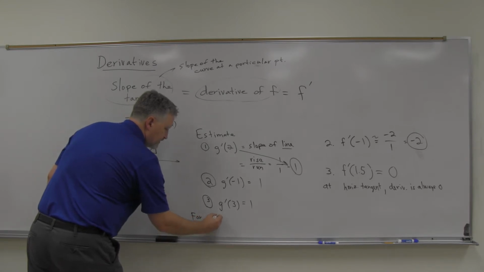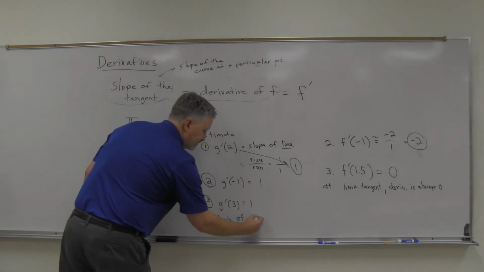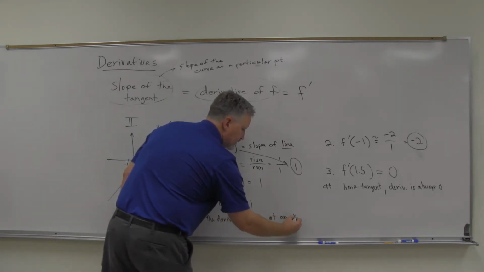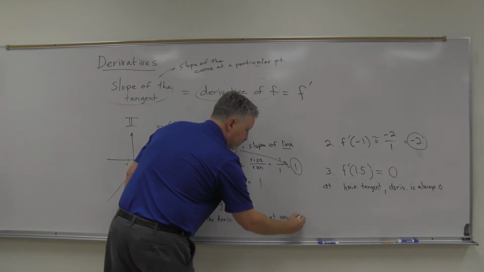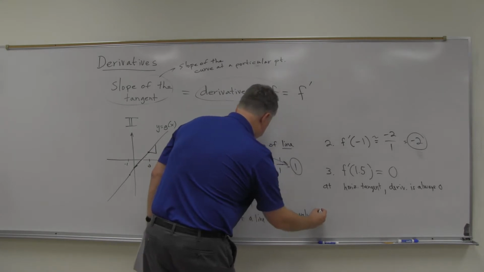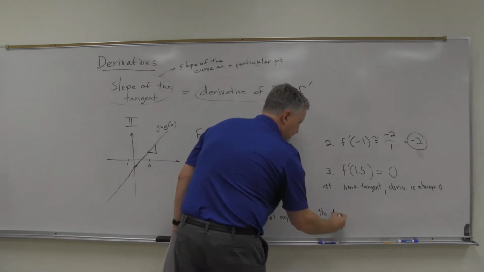So for the derivative of a line at any x value, the derivative is constant, it stays the same.